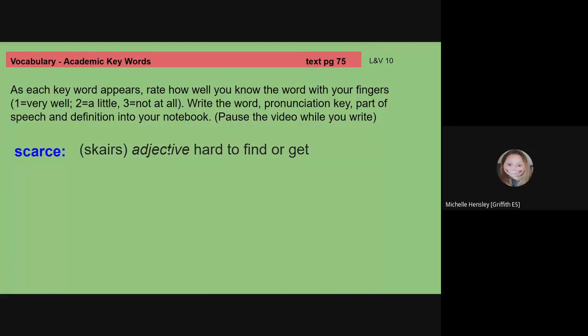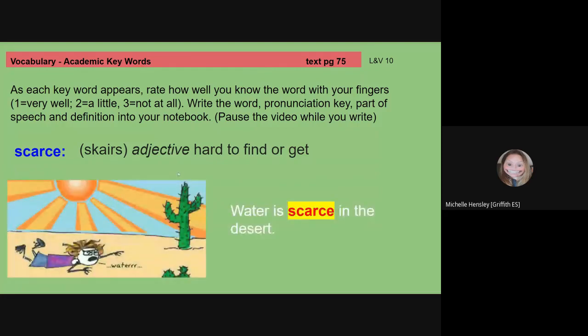Okay, so an adjective is a description word, and specifically adjectives are used to describe nouns, persons, places, or things. So this adjective, scarce, means hard to find or get. If something is scarce, it's hard to find or hard to get. So water is scarce in the desert. Okay? It is hard to find or get. Okay?